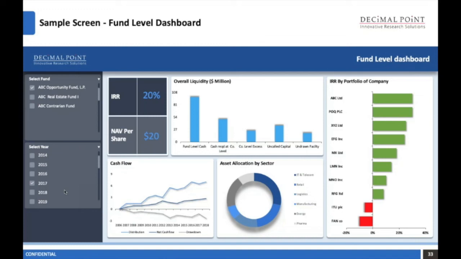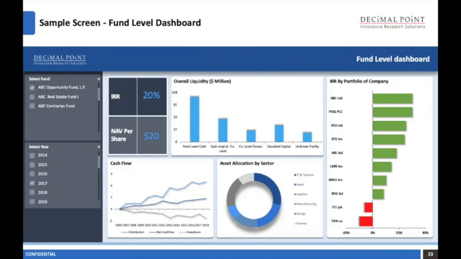And basically, PE and VC firms are looking to extract that insight, and they can do that by establishing a robust data infrastructure that captures both internal and external data, and overlay that with a layer of intelligent dashboards, which achieves all such objectives for the firms.